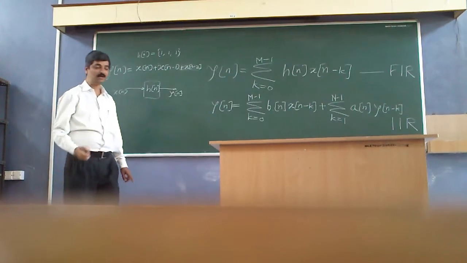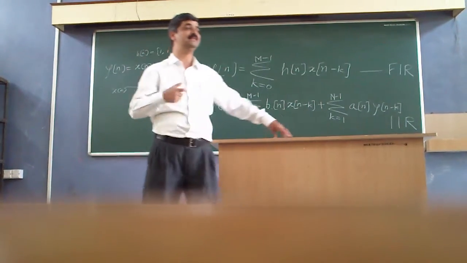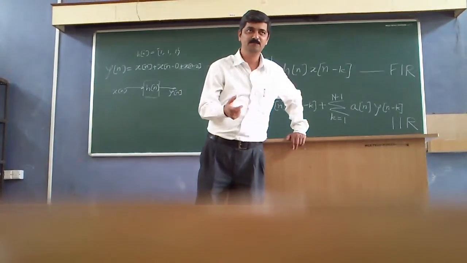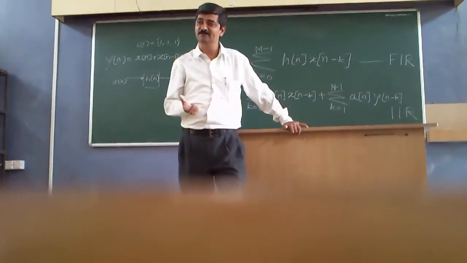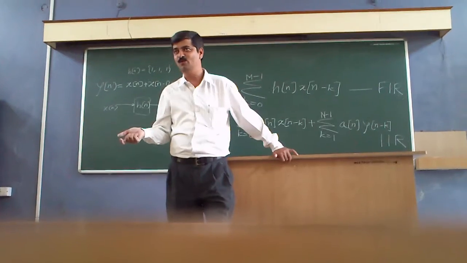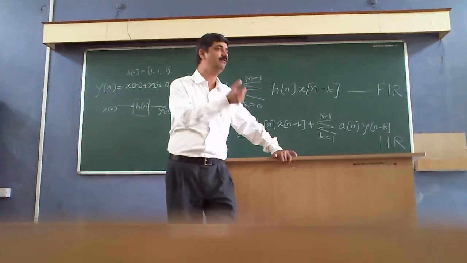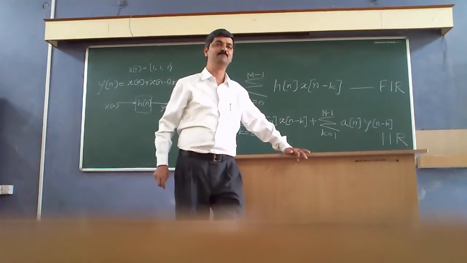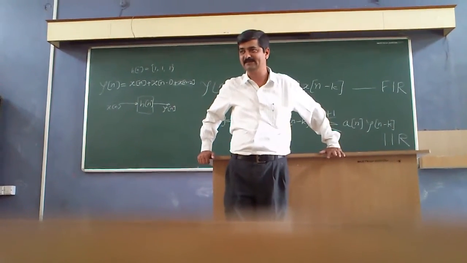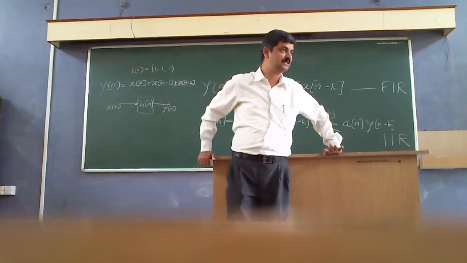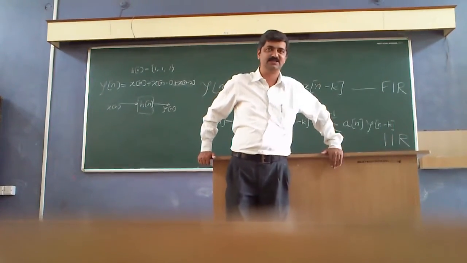Now, what is meaning of impulse response of the system? The meaning is, if I apply input as impulse function, what output the system will give is called as impulse response. Impulse response is that y_n if x_n is equal to delta n.